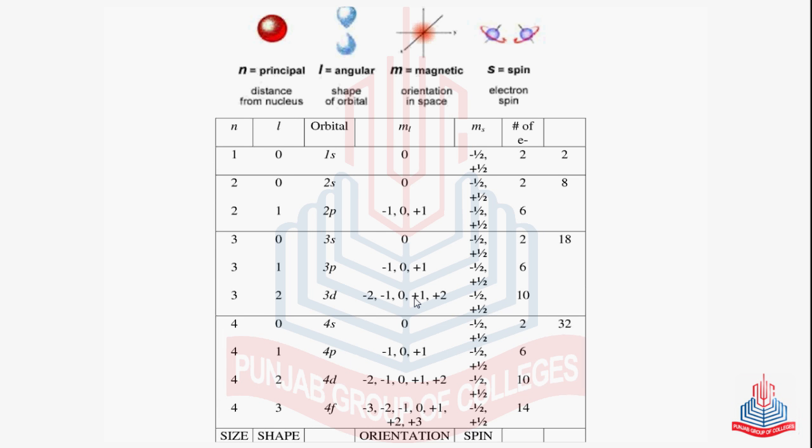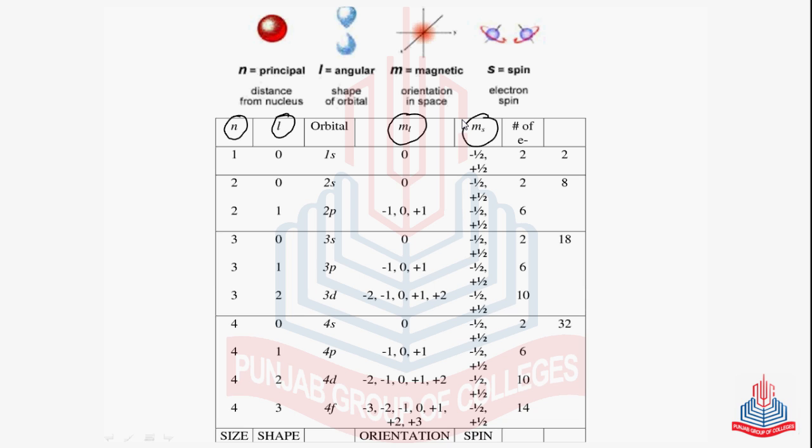In the first column, we have the values for n, that is the principal quantum number. Next we have the azimuthal quantum number, and then the orbitals. Then the values of the magnetic quantum number and the spin quantum number here.